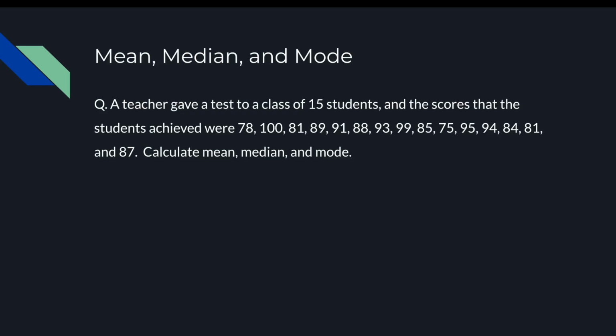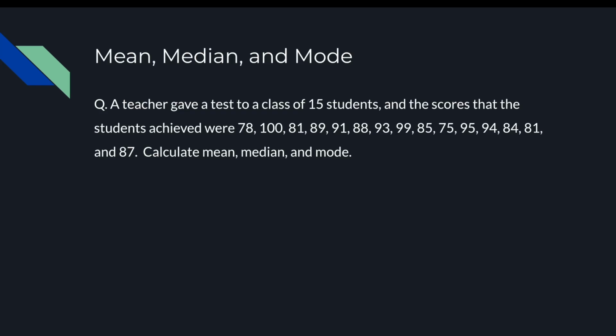If there's no middle number, for example with an even number of students, you take the middle two and calculate the mean of those two numbers. And mode is the most frequent data point that occurs in a data set.